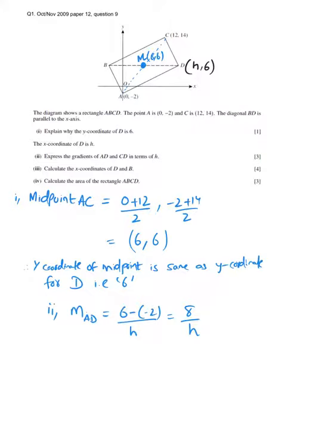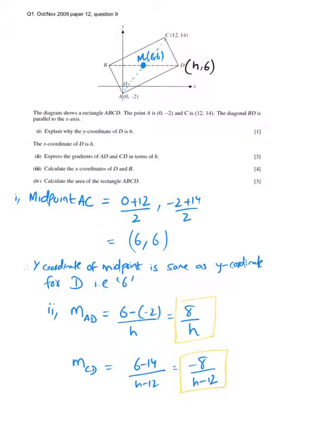Similarly, I can also find the gradient of CD, which in terms of h is coming out to be -8 over h minus 12. So that's part 2 done.